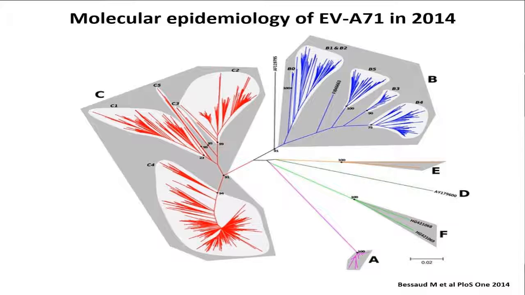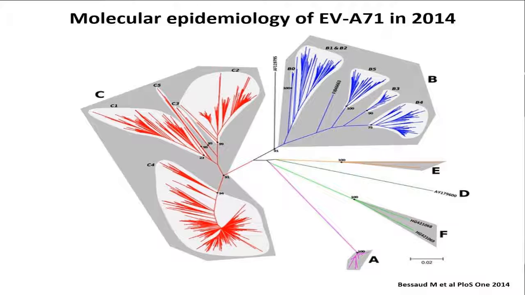But today there are more than three of the original genogroups of EV71. We have the single D genogroup, the first different genogroup besides the ABC, that was first described in India.